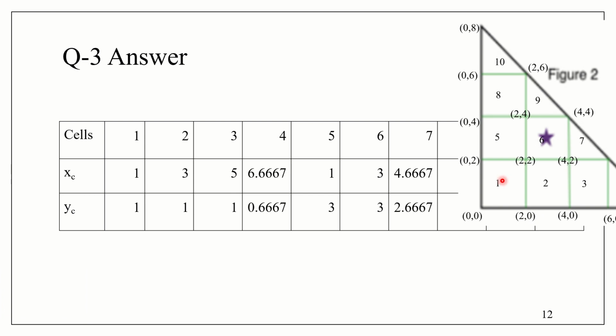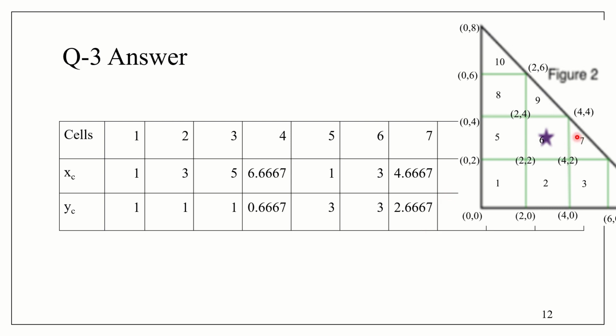So what would be the centroid? The x coordinate would be 1, and the y coordinate again would be 1, because we are going from 0 to 2 in the y axis as well. For the second cell we are going from 2 to 4, so it would be 3, 1, and for 4 to 6, it would be 5, 1.